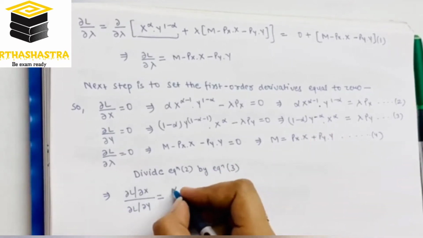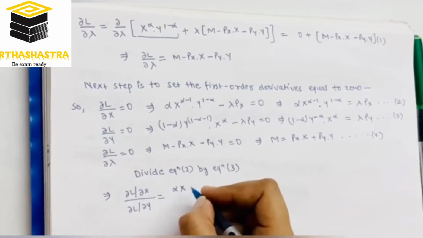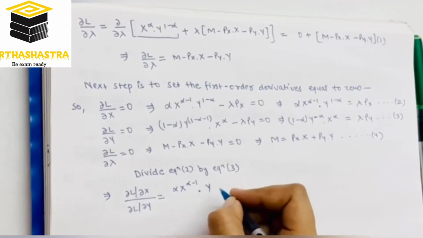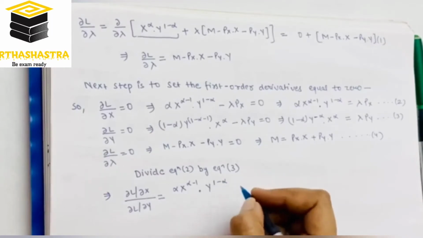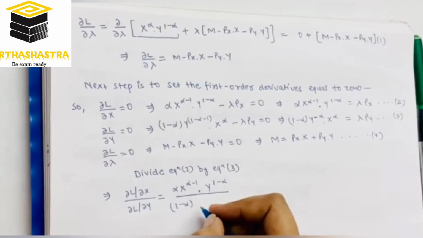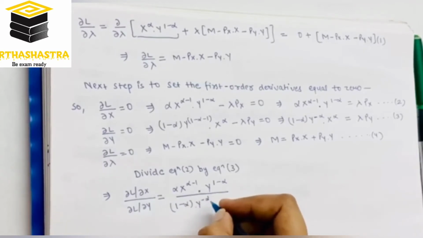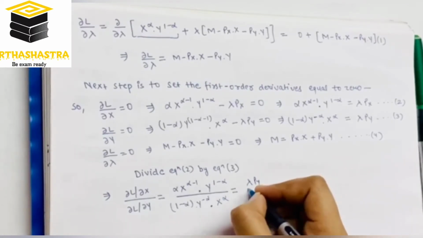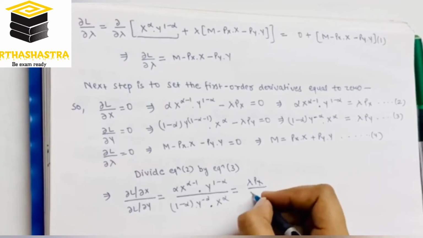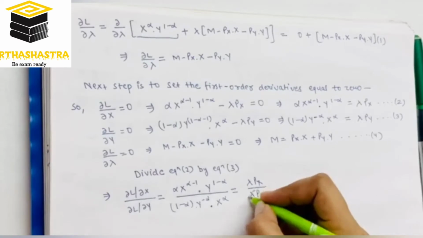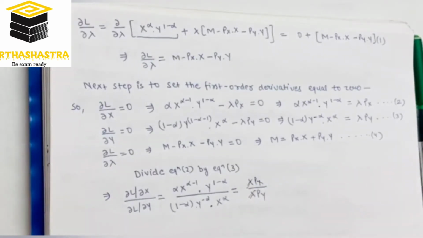We will put these expressions here: alpha times x raised to the power alpha minus 1 times y raised to the power 1 minus alpha over 1 minus alpha y raised to the power minus alpha times x raised to the power alpha equals to lambda px over lambda py. Now lambda cancels out.